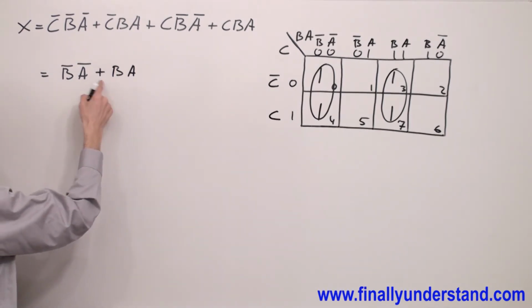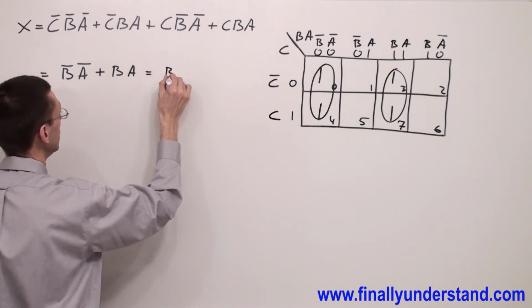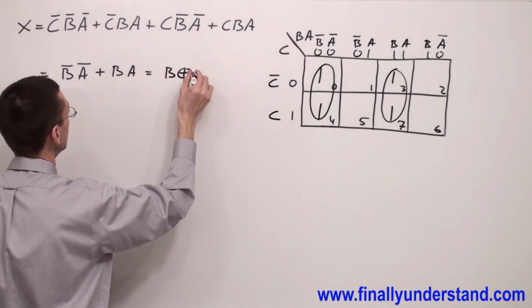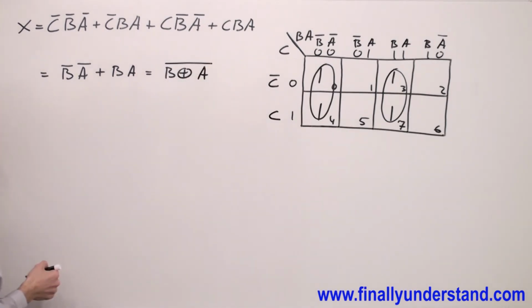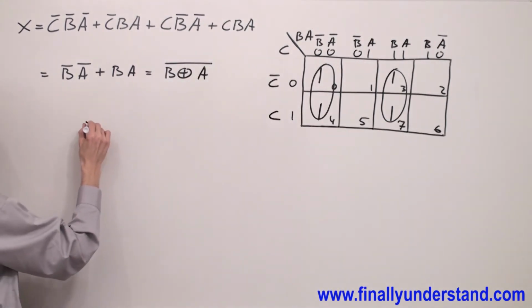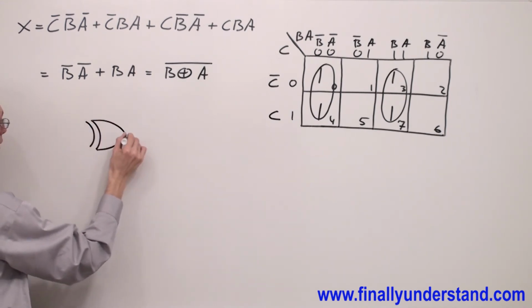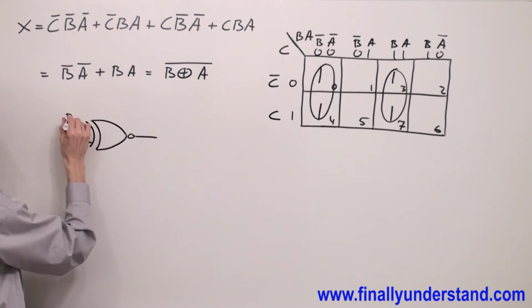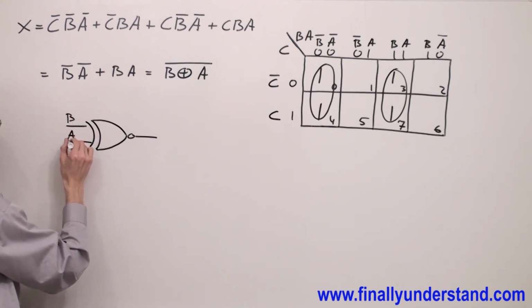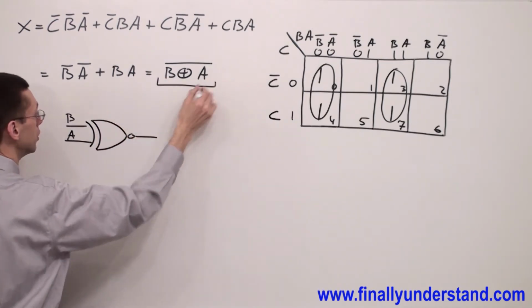As you probably see, this is nothing else, just the exclusive NOR gate. So this is B exclusive NOR A. If you want to implement it, this is nothing else, just exclusive NOR gate with input B and A. These are the solutions to my problem.